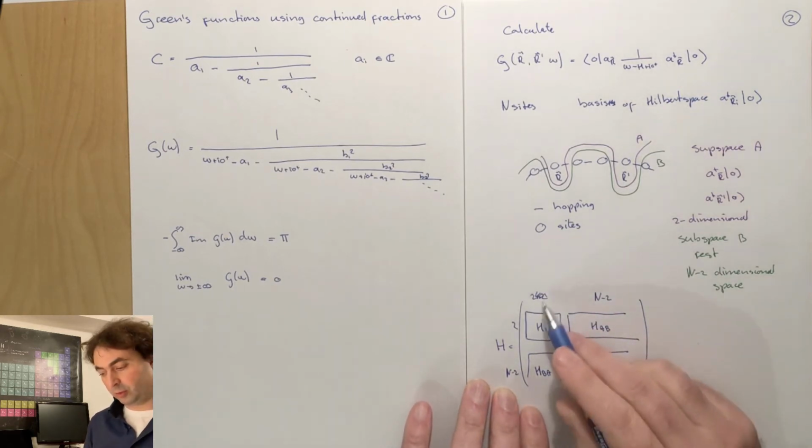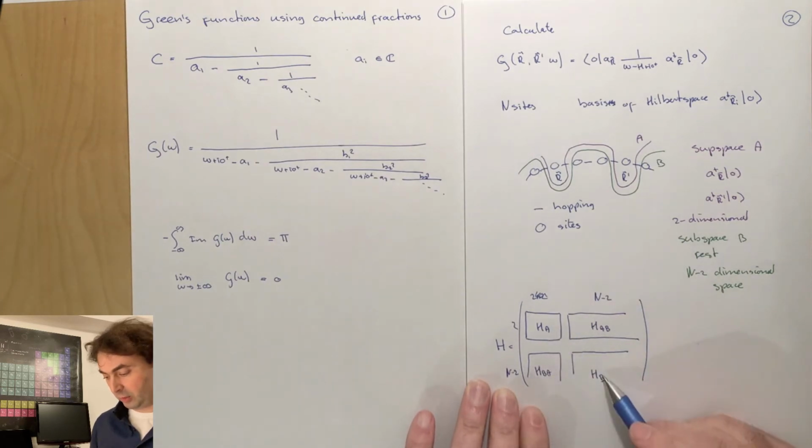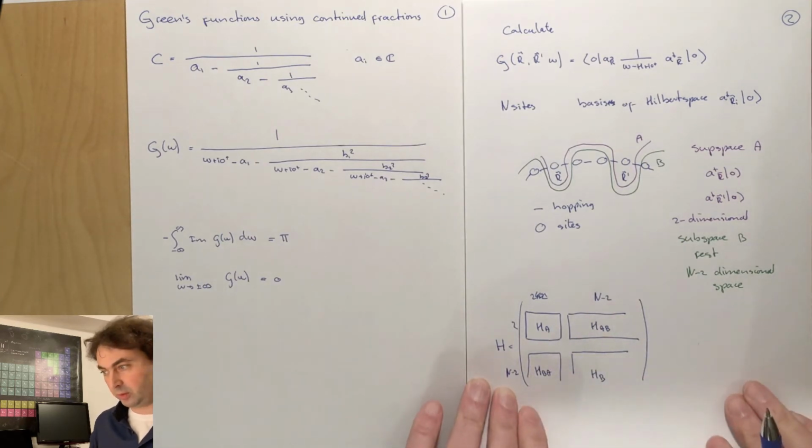So the left top is a 2 by 2 matrix, this is an n-2 by 2, a 2 by n-2 and an n-2 by n-2 dimensional matrix.